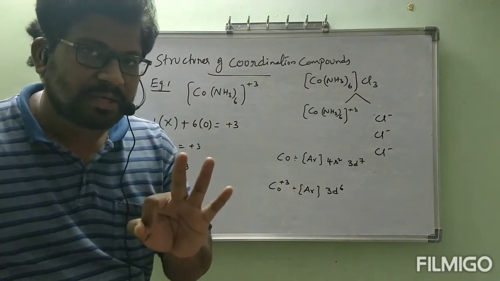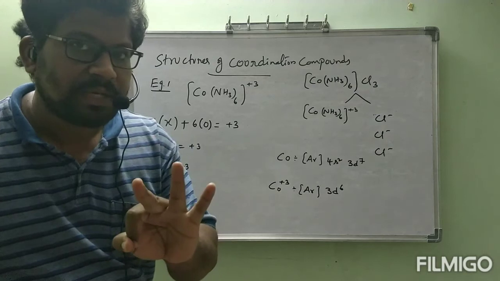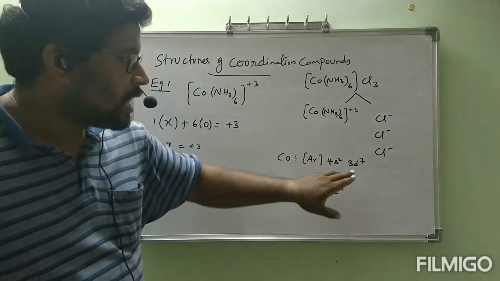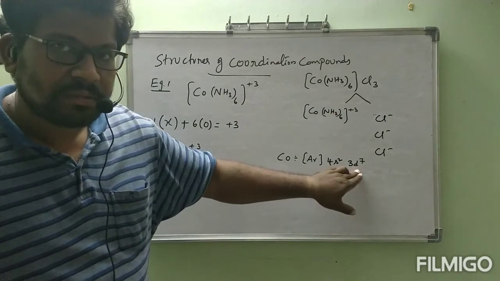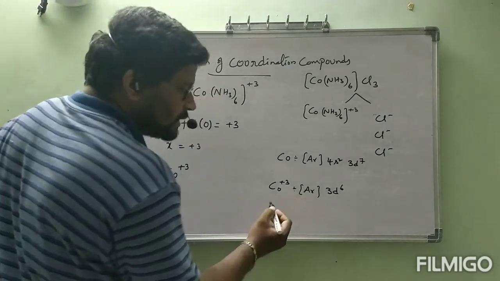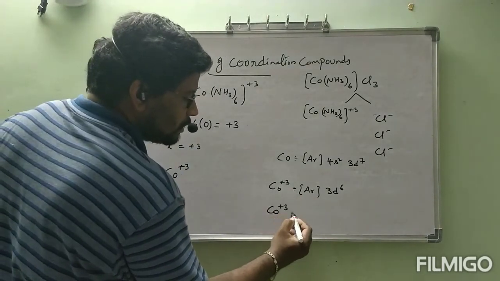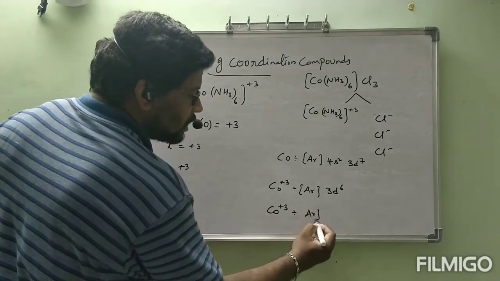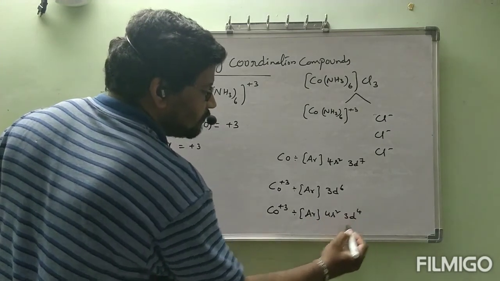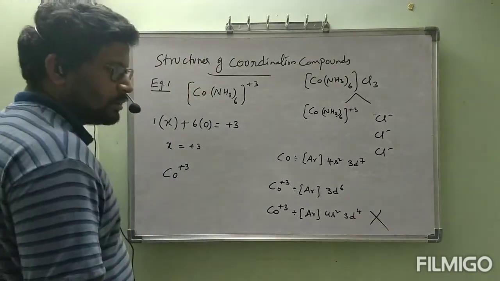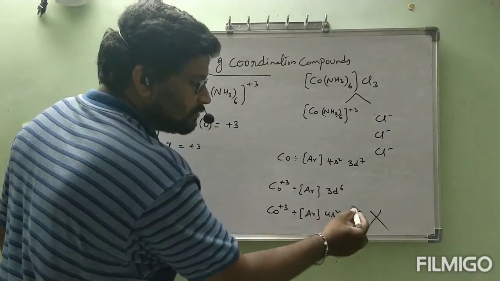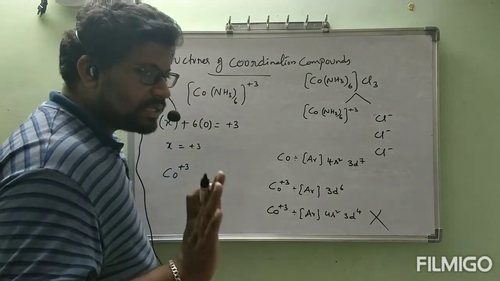Out of the 3 electrons, 2 electrons must be removed from the outermost shell. Please don't remove all 3 electrons from 3d7. If you write the Co3+ configuration as argon 4s2 3d4, this is wrong, because 3 electrons are removed from 3d only, but actually it is not.